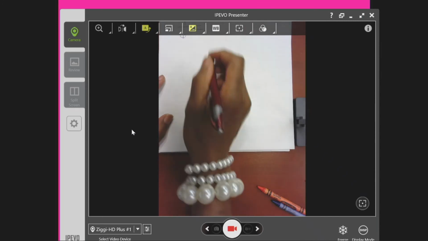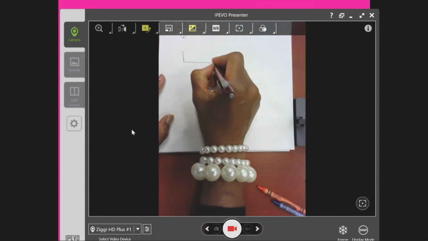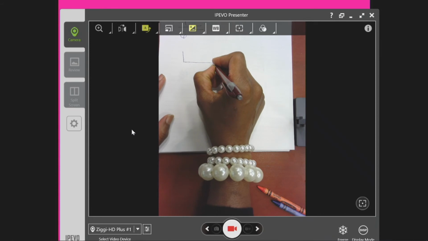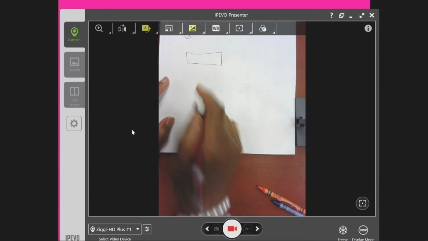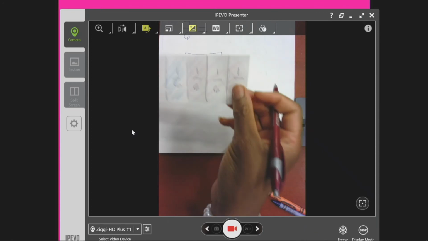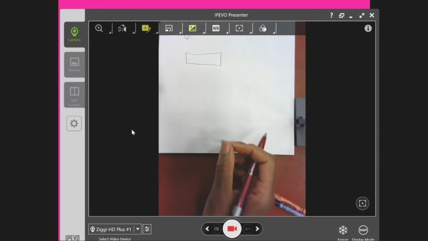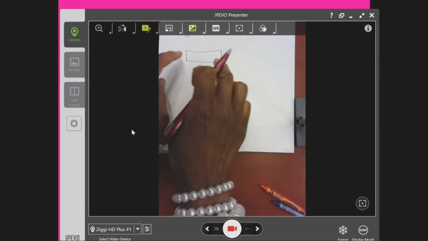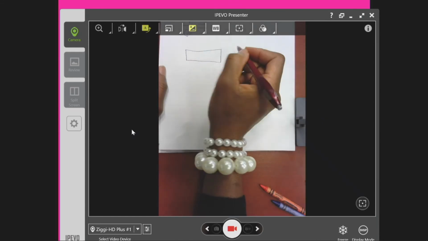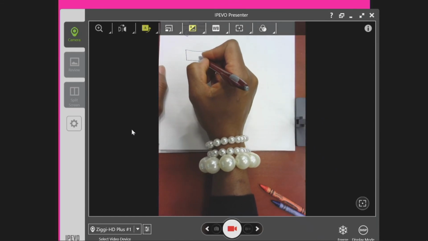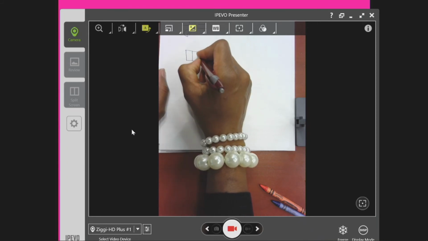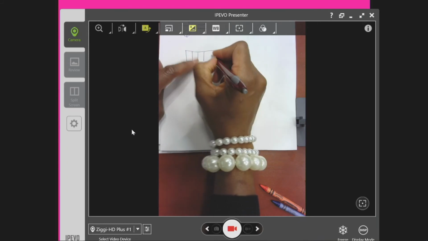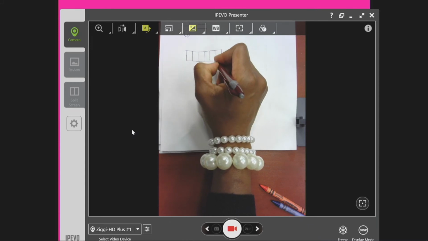Well, again, fractions just lend themselves to models and pictures and drawings. So here we go. My 1 whole model sort of replicates what I did with the paper strip, except now I'm drawing my own model. And what I'm going to do is try my very best to create 6 equal parts. 1, 2, 3, 4, 5, 6.